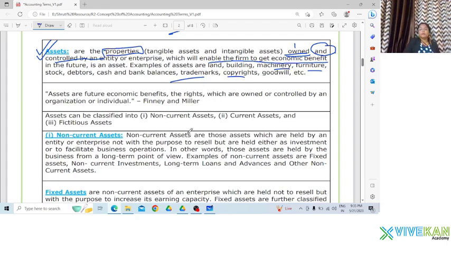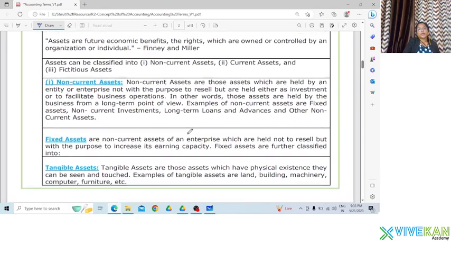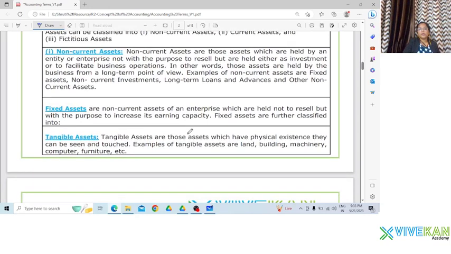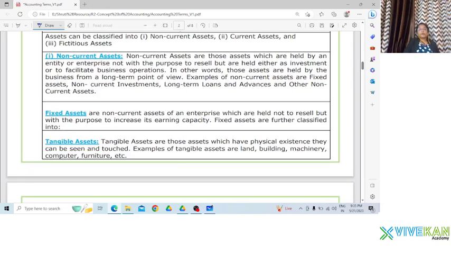Similarly, your assets are divided into current and non-current. Let's discuss the non-current assets first. Non-current assets are those assets which are held by the entity not for the purpose of sale. You have to be very clear on this. Non-current assets are those assets which you purchase.